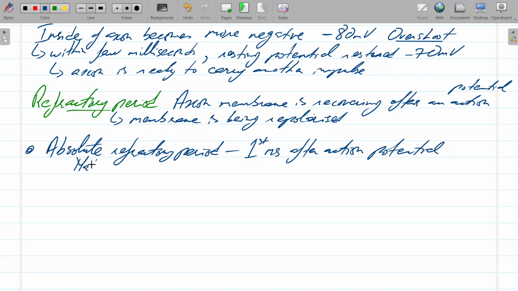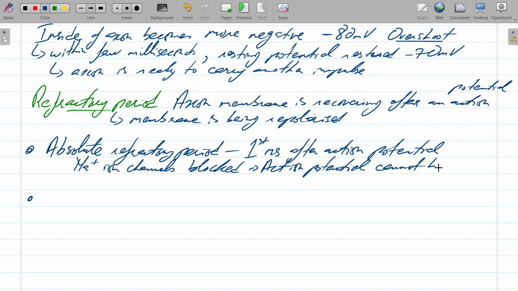And the sodium ion channels are blocked. They will not open. And so another action potential absolutely cannot be generated.